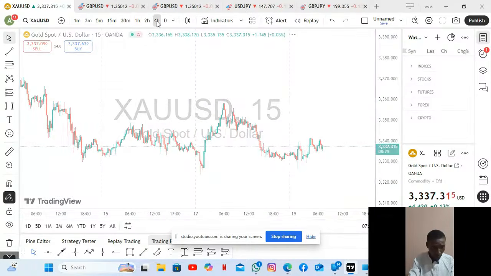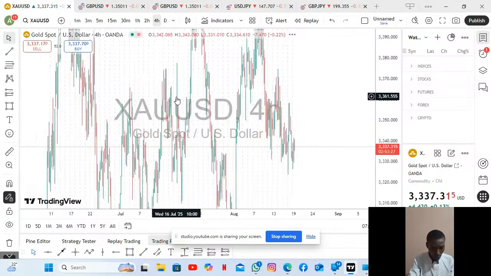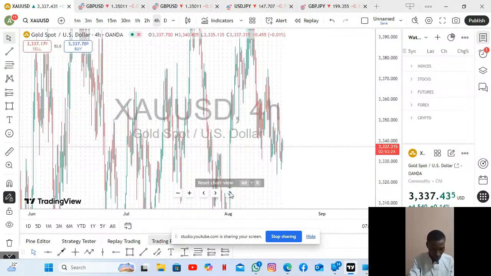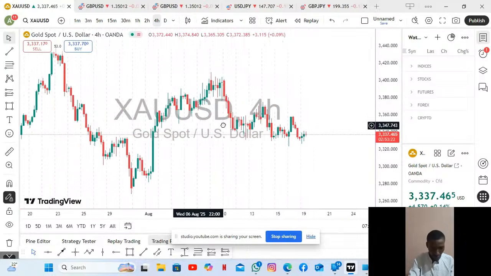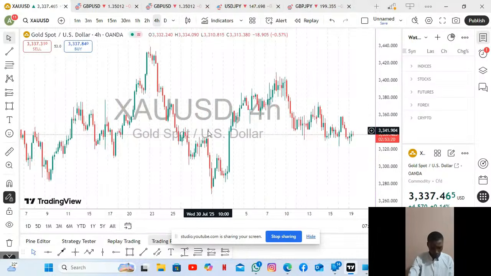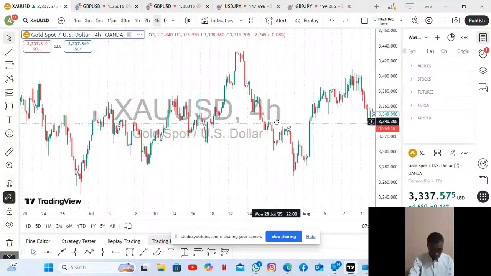you can see it on the 4-hour time frame. This is the movement of gold on the 4-hour time frame.